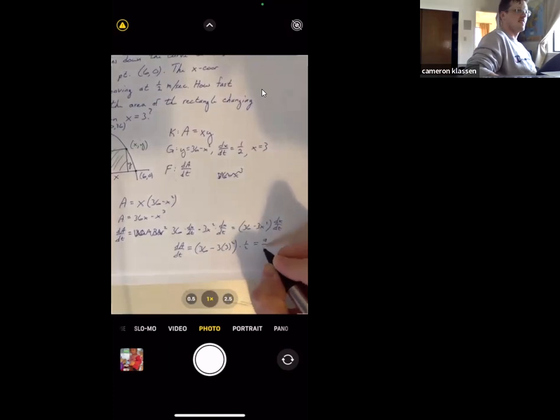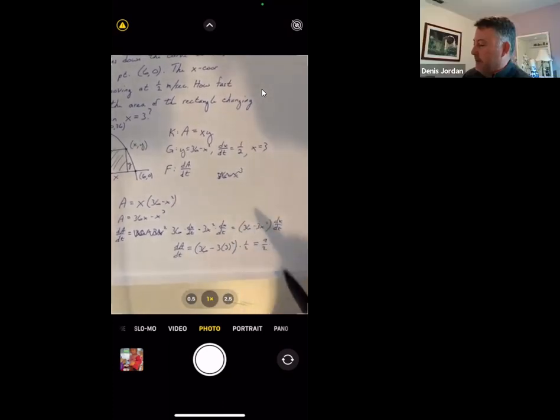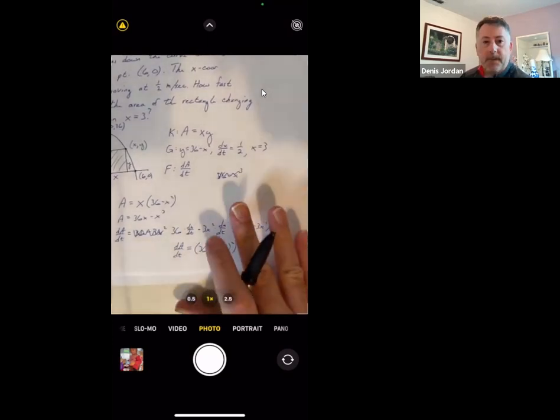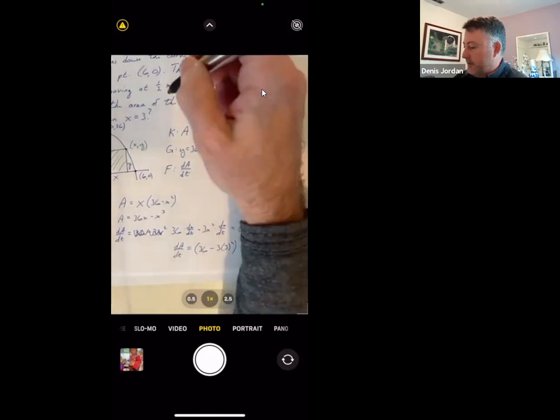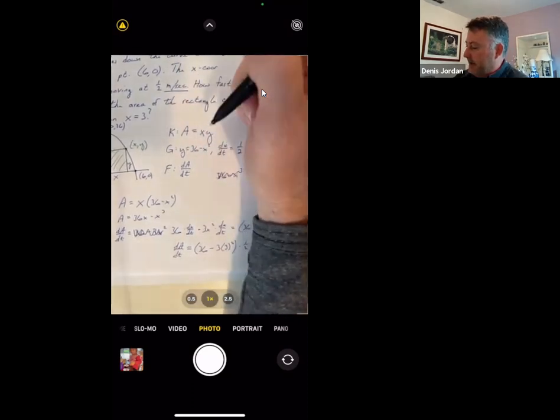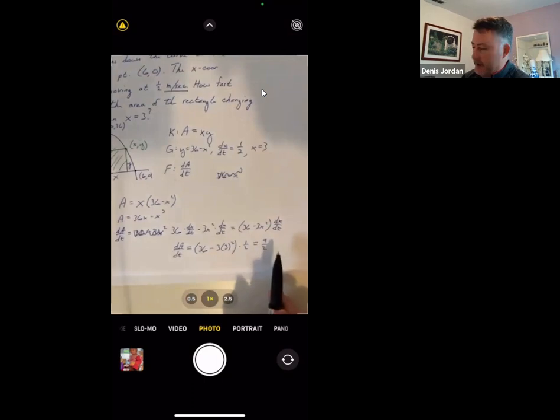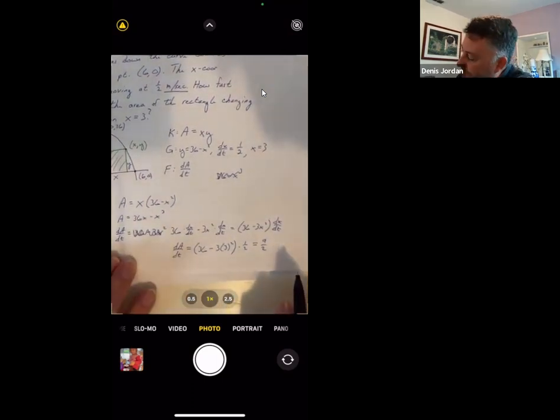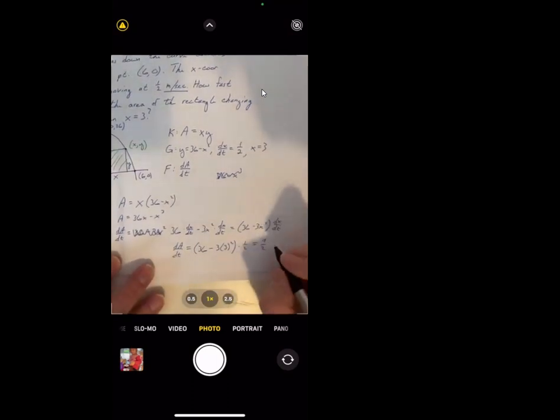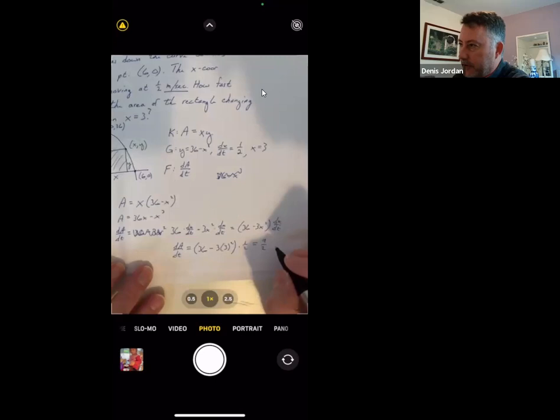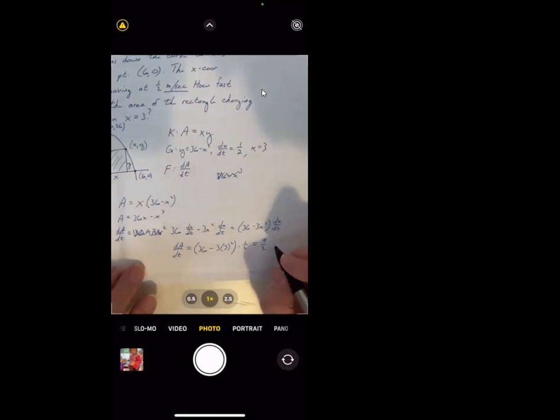That's 9/2. We have units in the problem, so we can give units as an answer. The x coordinate was in meters per second, so that means your area should be meters per second squared. Close, but I think you have the square on the wrong unit: meters squared per second.